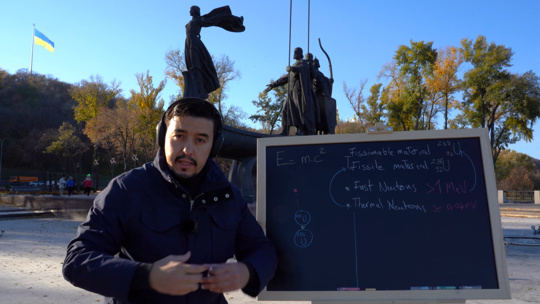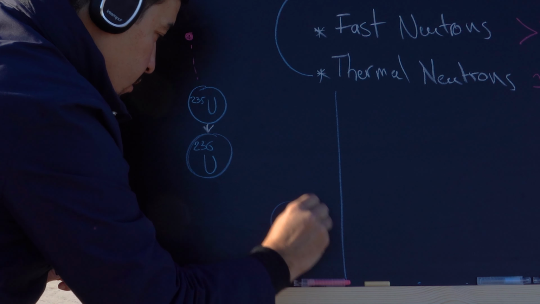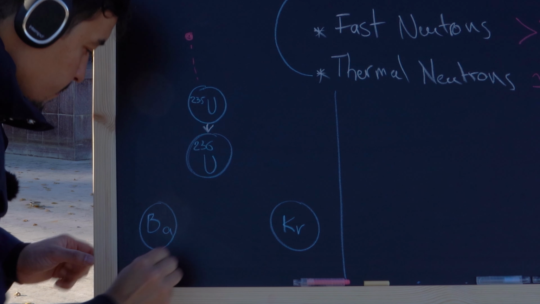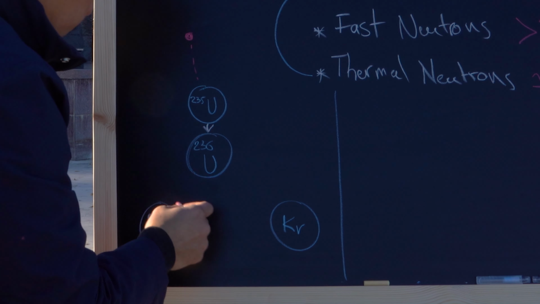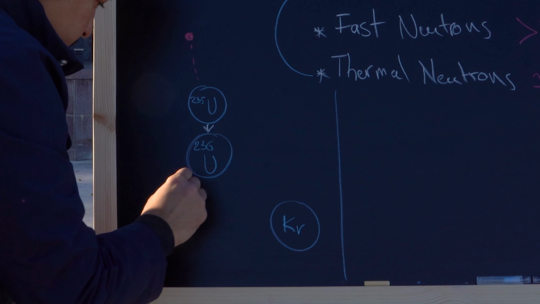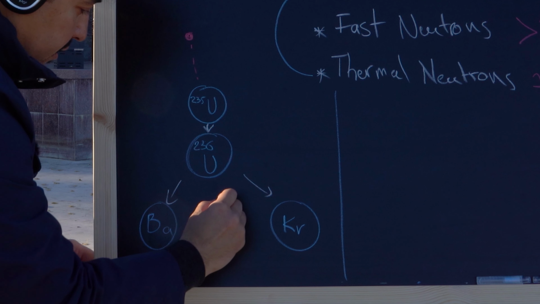It's too unstable. It will split into krypton and barium. Right? Send neutron here. So this one transformed like this.